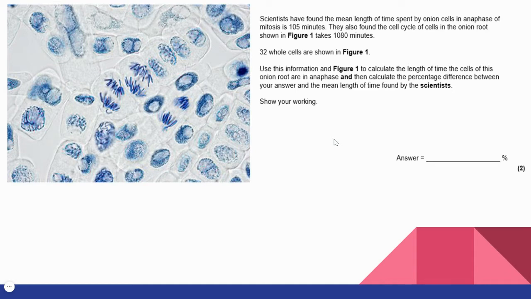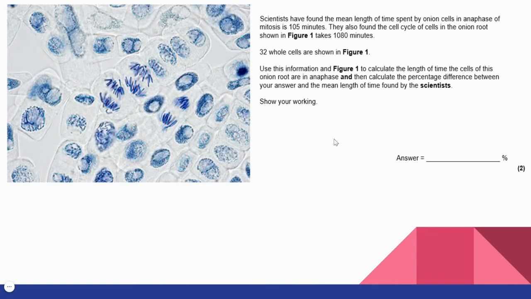Now they also found this in the same root tip cells that are shown to you in the figure 1 photograph. In figure 1, they could take a snapshot of 32 whole cells. So there are 32 cells in this image given to you, and they found the anaphase stage.